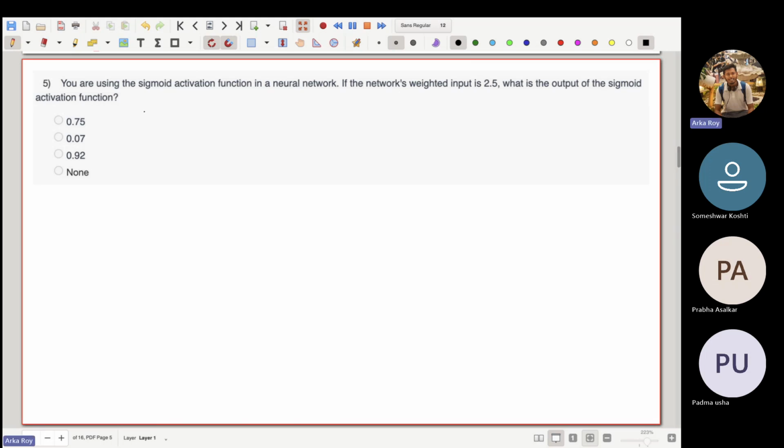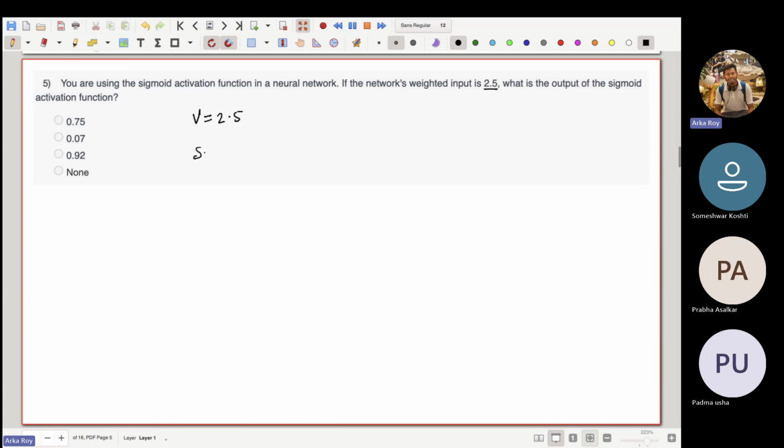The next question states that you're using a sigmoid activation function in a neural network. If the neuron's weighted input is 2.5, then what should the output of the sigmoid activation function be? So that means V is equal to 2.5.